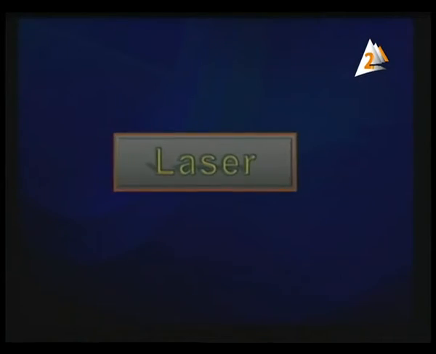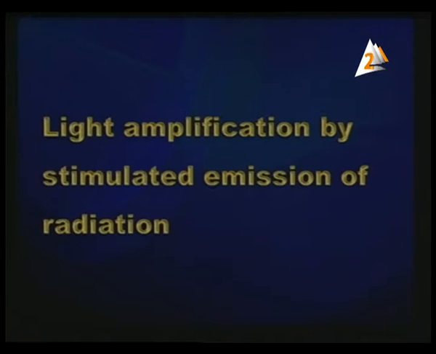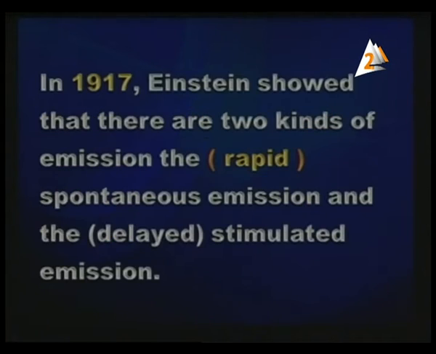Laser. What's meant by laser? As a matter of fact, laser is light amplification by stimulated emission of radiation. Once again, it is light amplification by stimulated emission of radiation.